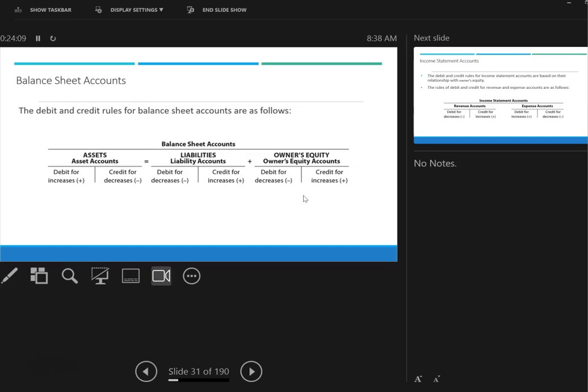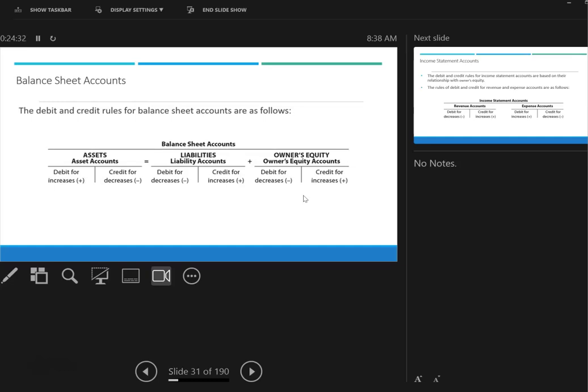Liabilities and owner's equity are on the right-hand side. So a normal balance for liabilities and owner's equity will always be a credit, which means to increase an asset, we debit it. But to decrease an asset, we're going to credit it.